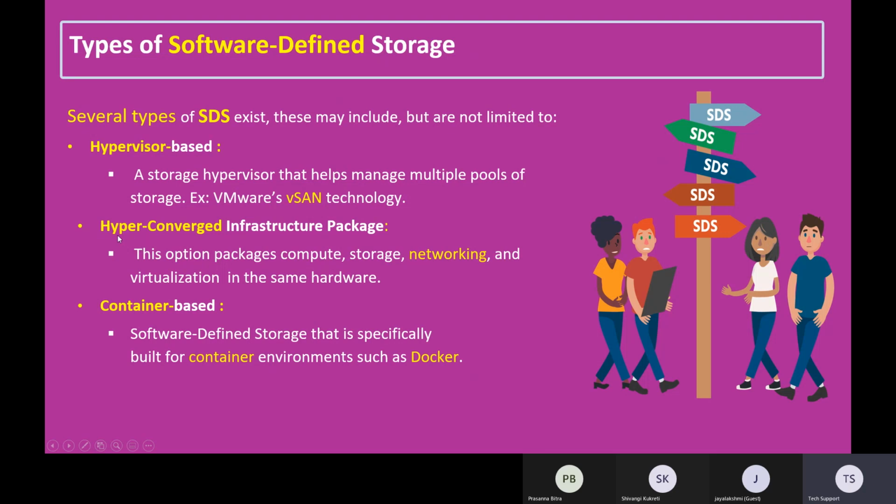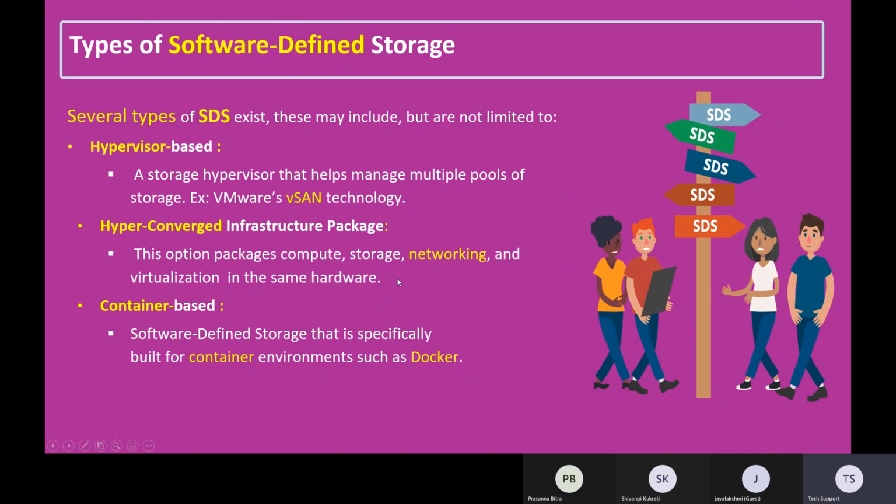Another point, hyper converged infrastructure package. Hyper converged, the word is taken from the words hyper and converged. Converged is nothing but a combination. If you observe in the first step, it's only the server combined with storage. In the second option, this package combines compute, storage, network, and virtualization.